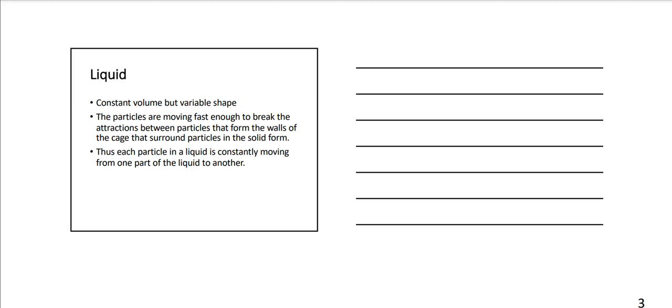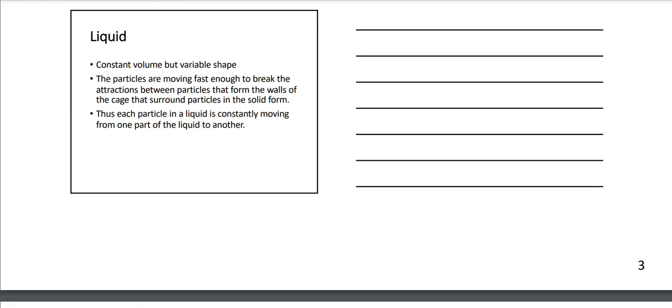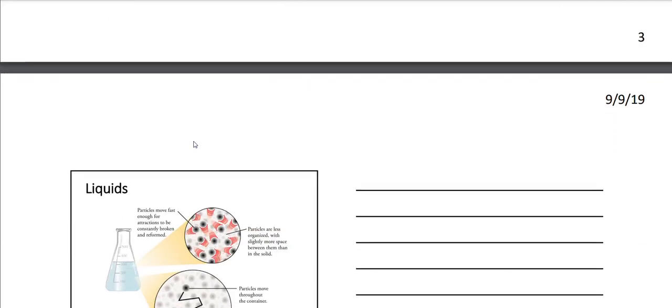The particles are moving fast enough so they can break attraction and form new ones with other particles. So each particle in the liquid is constantly moving from one part of the liquid to another part of the liquid.